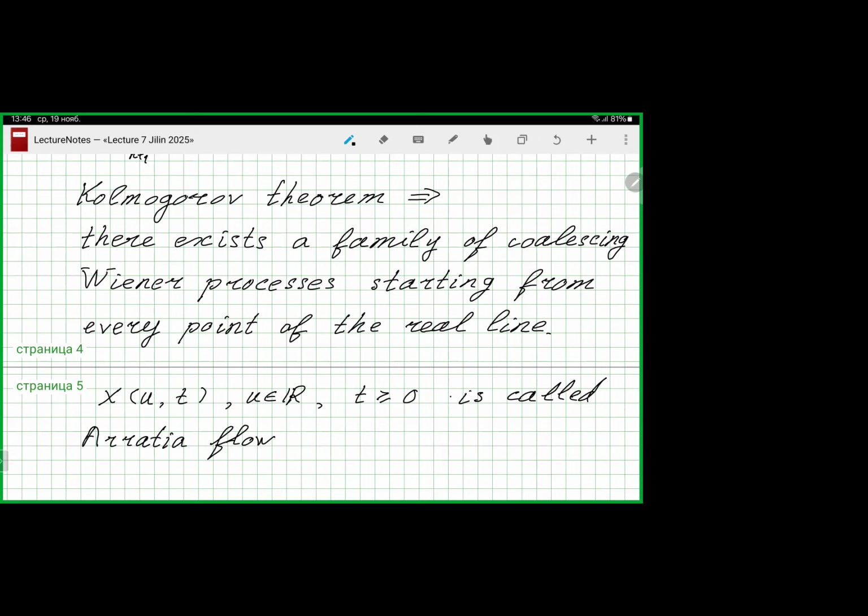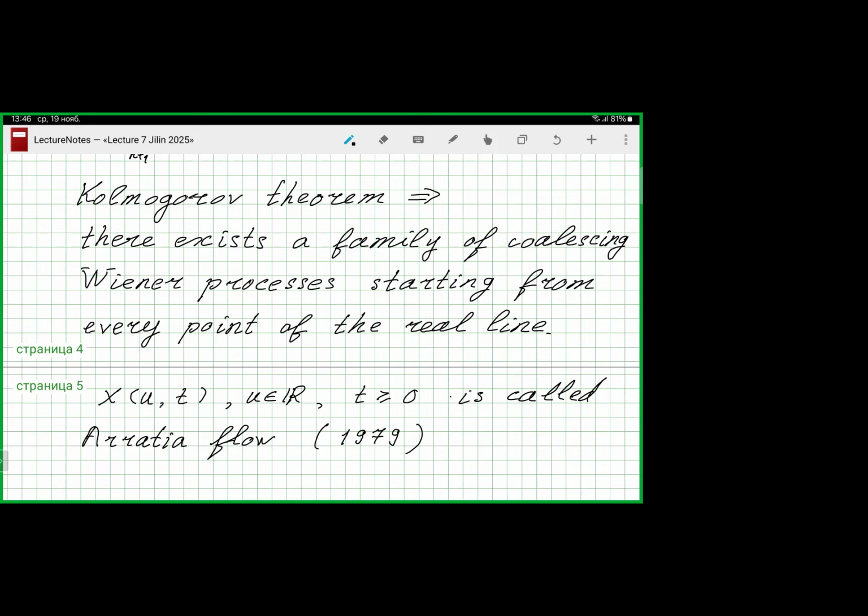It is named after Richard Arratia, who discovered it in his PhD thesis in 1979. Since then, a lot of authors have paid attention to this flow. There are even different constructions. In his initial thesis, Arratia gets this flow as a scaling limit of coalescing random walks on the real line.